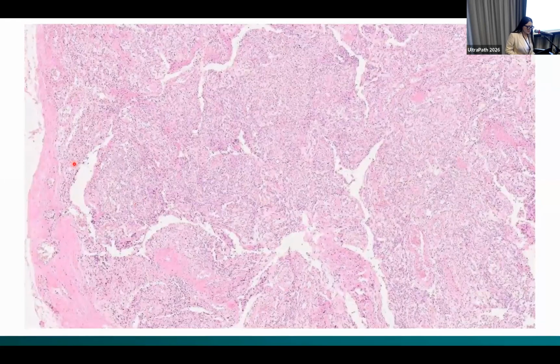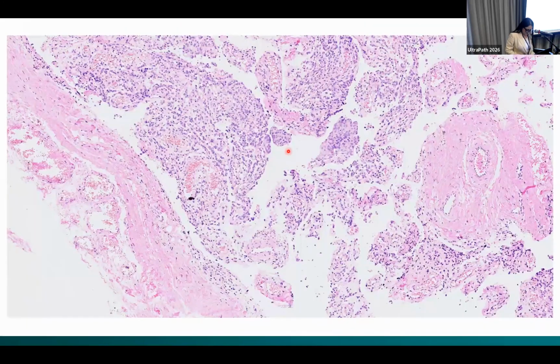Histological sections show these encapsulated neoplasms disposed in a solid growth pattern, and these are mixed with small vessels of different sizes.